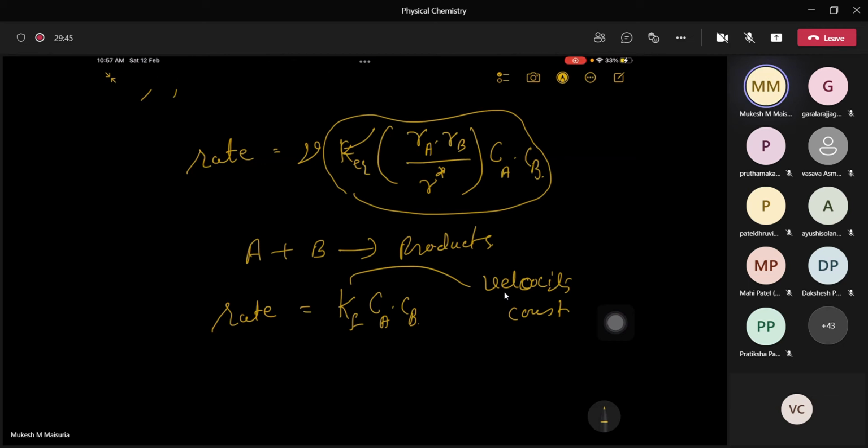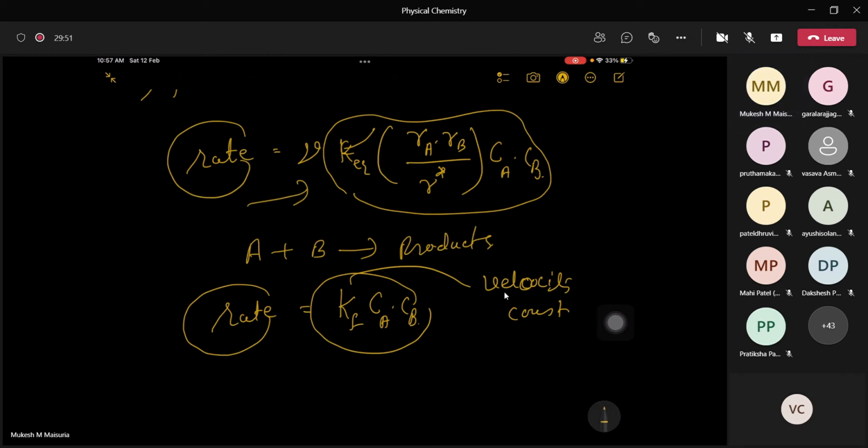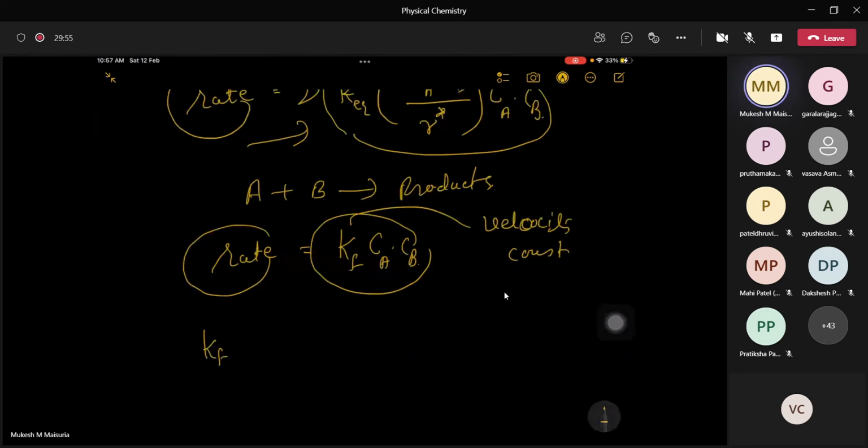So we have one equation, rate is equal to this, and rate is equal to this. So you can say that this Kf will be equal to frequency, equilibrium constant, gamma A, gamma B upon gamma star.